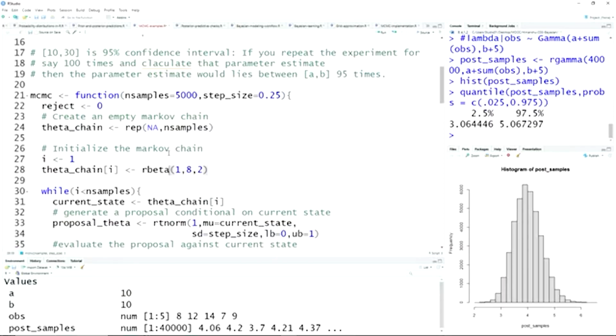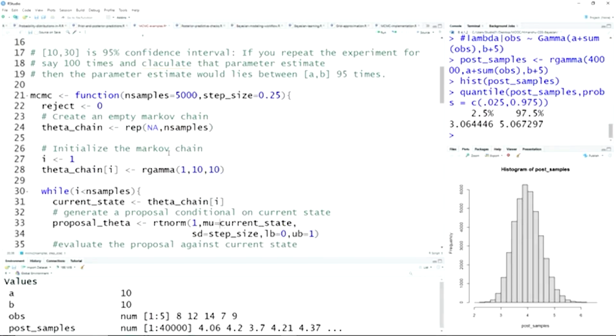So rather than beta, when I initialize the chain, I will draw samples from a gamma distribution. So rgamma. Okay. So 1, 10, 10. So these are the parameter estimates, right? Number of samples, current state of the chain, right?